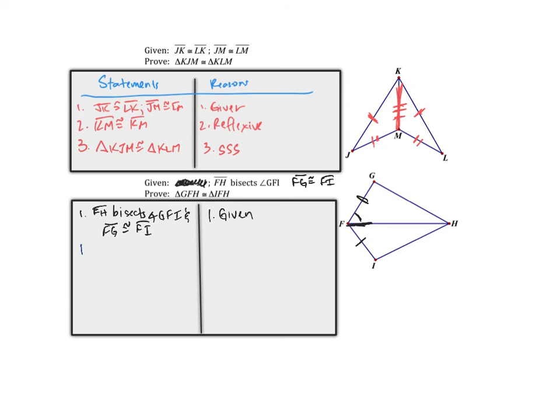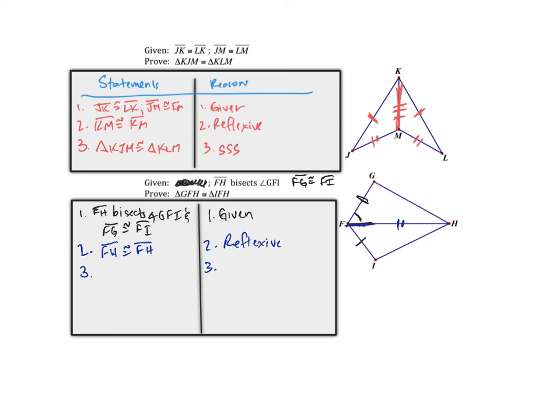All right, so after we write in the given, the second step is that we know FH will be congruent to FH. Always go with that reflexive step. Like I've mentioned before, more often than not, it's going to help you prove the triangles are congruent. All right, so reflexive property. Okay, so then the third step, well, I pretty much know it.